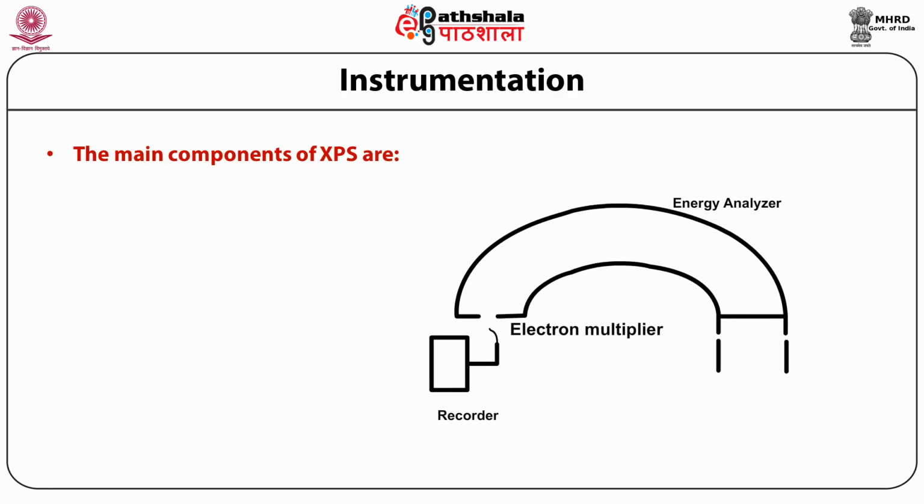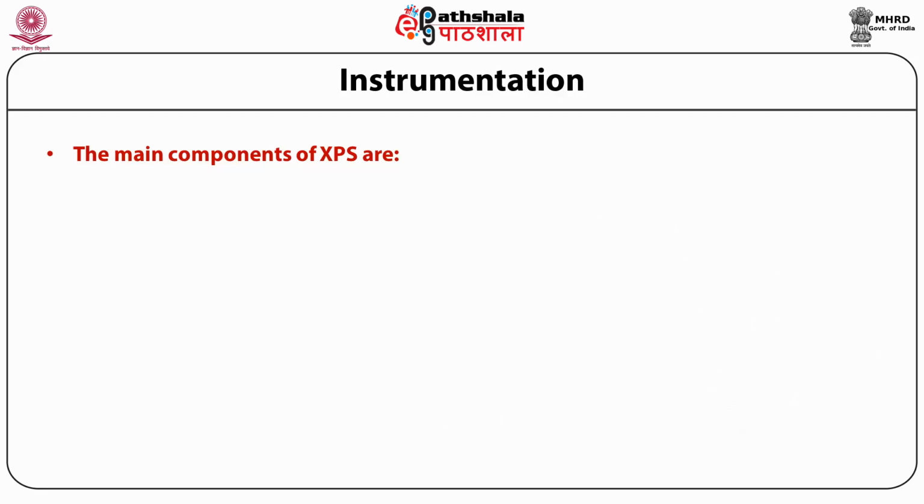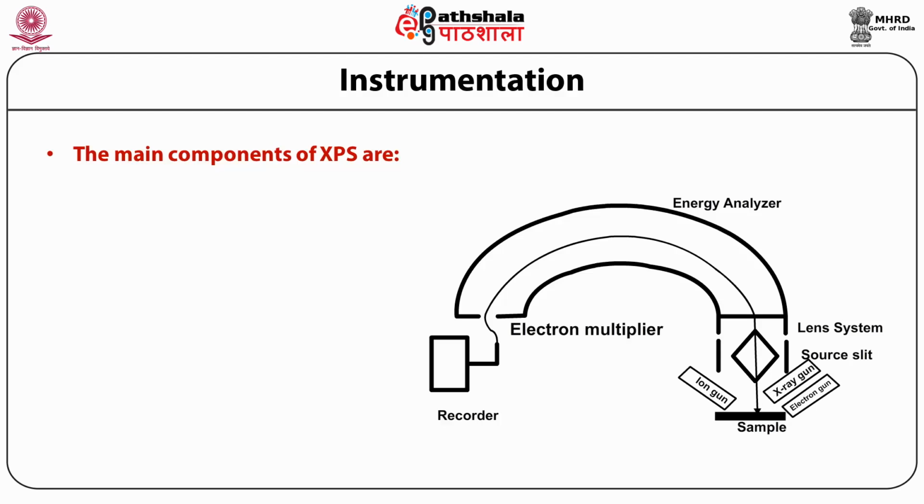The figure below shows schematically the diagram of XPS that includes an electron gun, an X-ray gun, and an analyzer of electron energy. The details of these parts are discussed below.